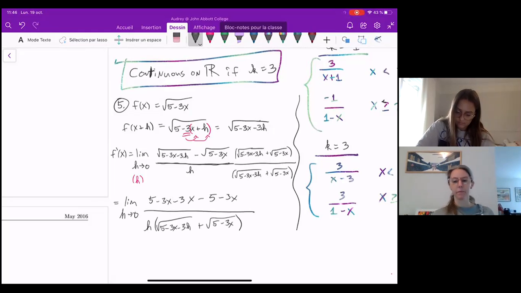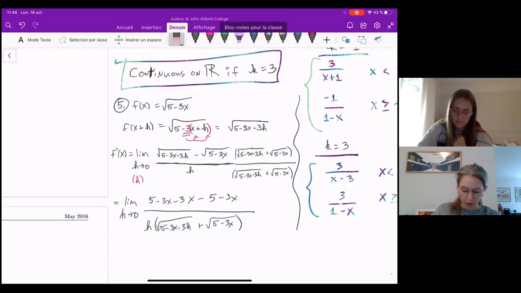And did I screw anything up? You have minus 3x when it's supposed to be minus 3h. So that's the first thing. So we have minus 3x minus 3x. I need an h there. And also brackets.